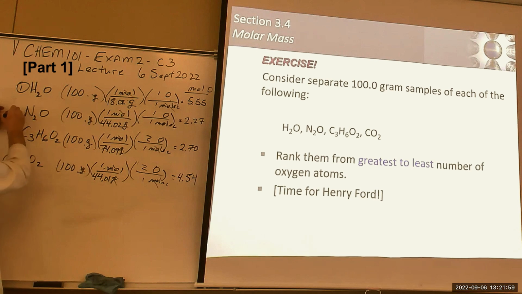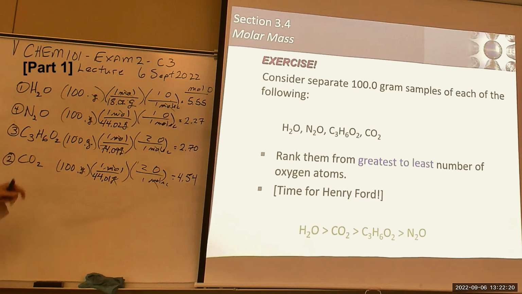And third, and then fourth. Okay. Did I lose anybody? Okay. So let's see, water, carbon dioxide, propionic acid, laughing gas. So there's your dimensional analysis example in the extreme.